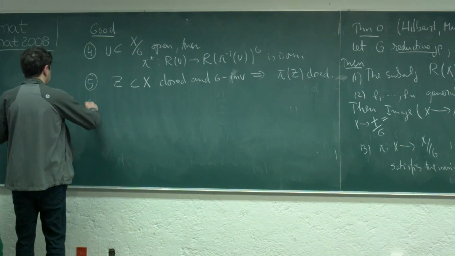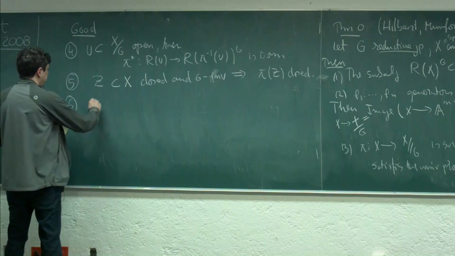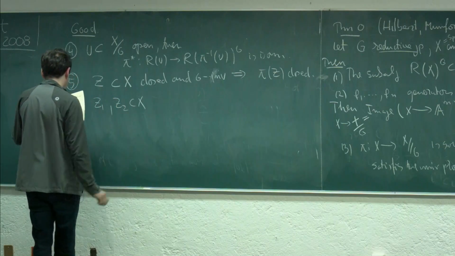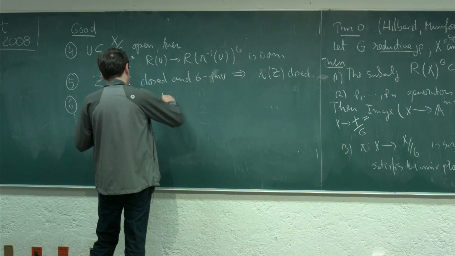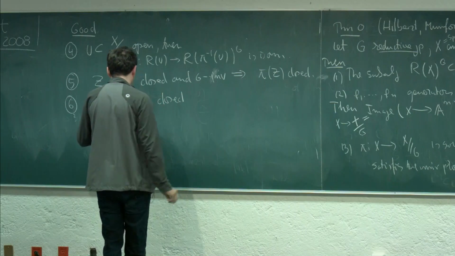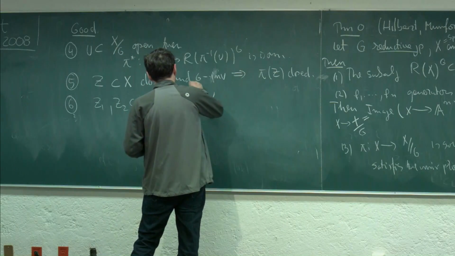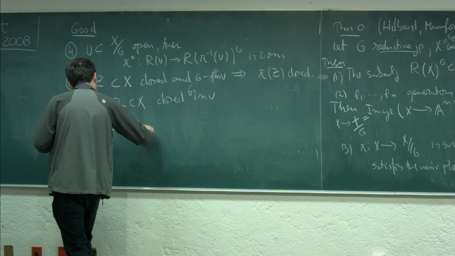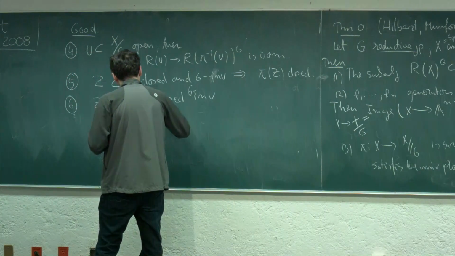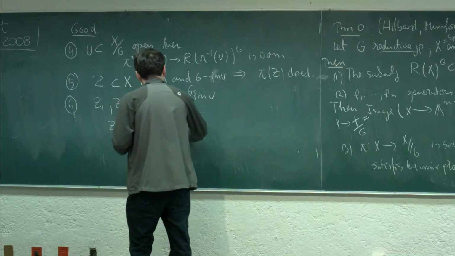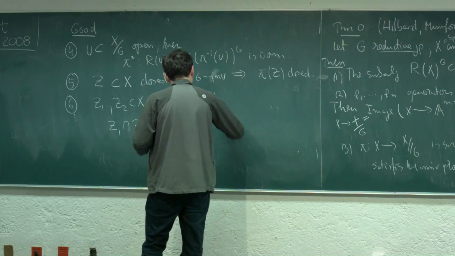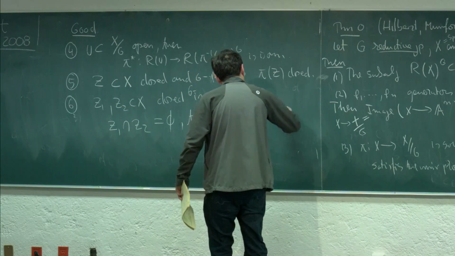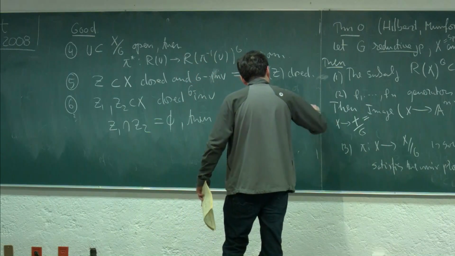And finally, 6: if I have Z1, Z2 in X closed, G invariant, and Z1 intersected with Z2 is the empty set, then pi of Z1 intersected with pi of Z2 is equal to empty.